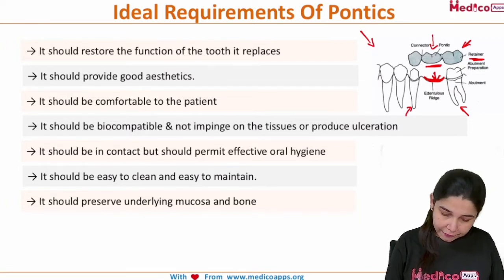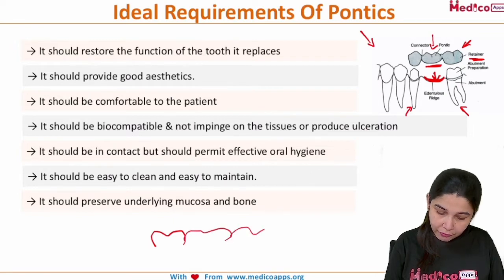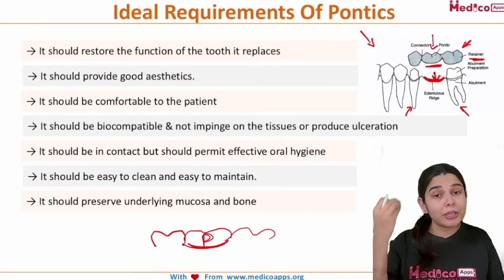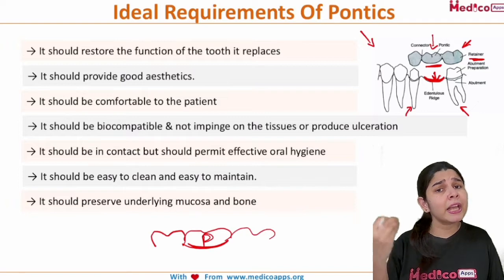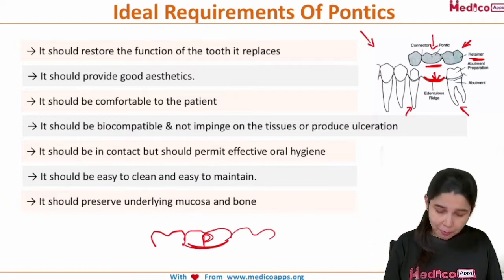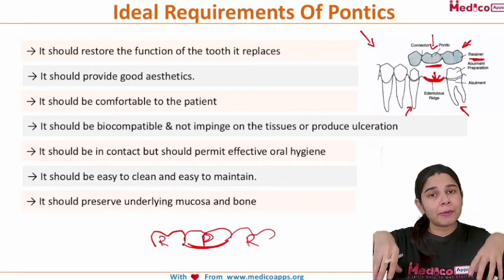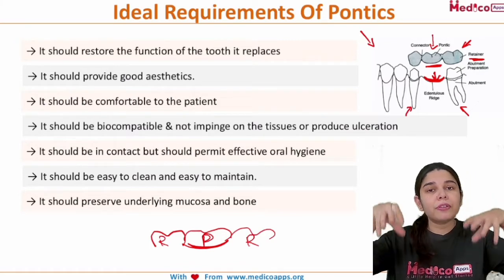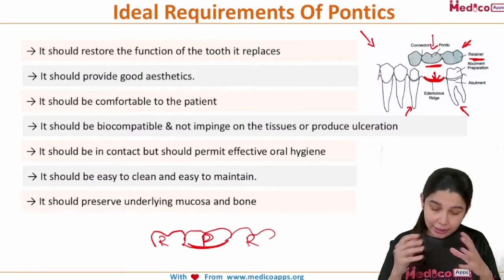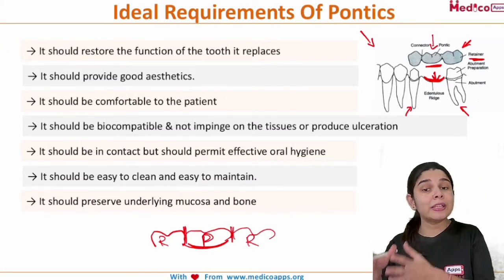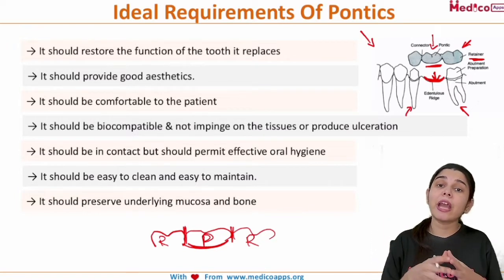So if this is the prosthesis we are going to give and this is the missing area, this particular artificial tooth replacing the missing area and restoring the function is known as the Pontic. The other two placed on the abutment teeth, the natural teeth which we have prepared, are known as the retainers, and the parts connecting the Pontic with the retainer are known as connectors.